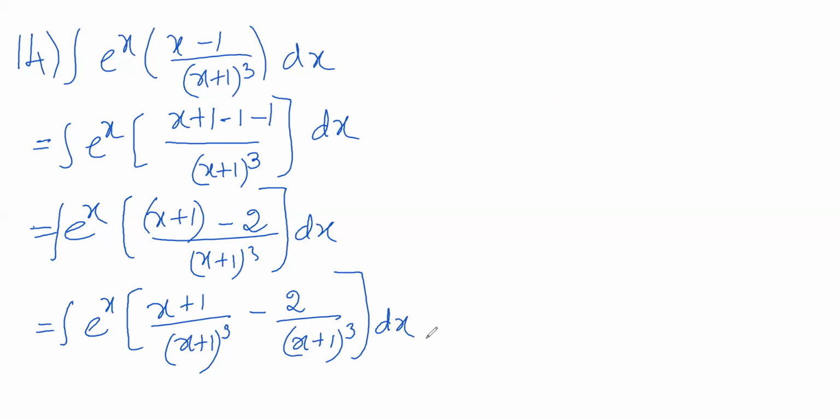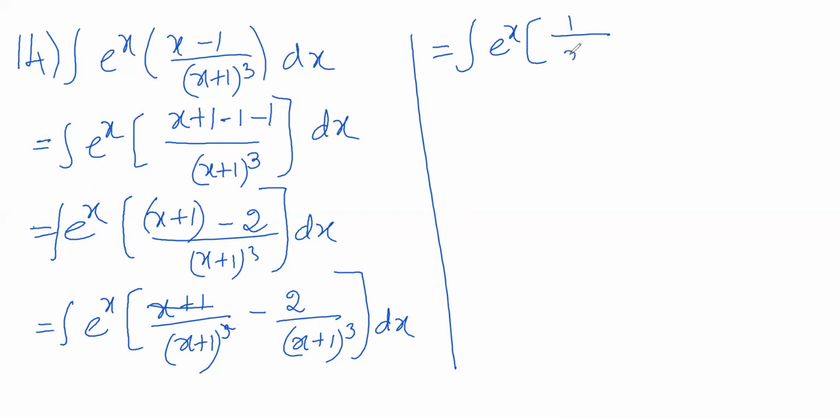Here one x plus 1 gets cancelled. So the remaining terms are integral e power x into 1 by (x plus 1) the whole square minus 2 by (x plus 1) the whole cube into dx.